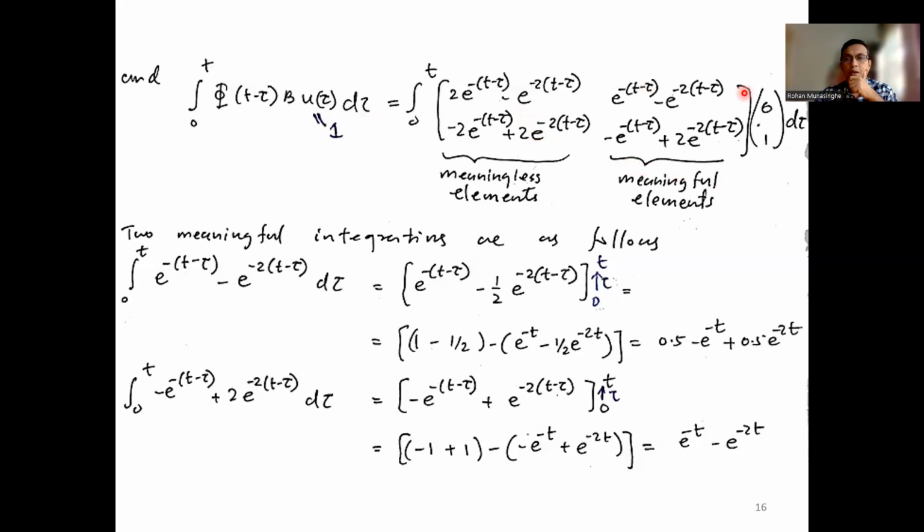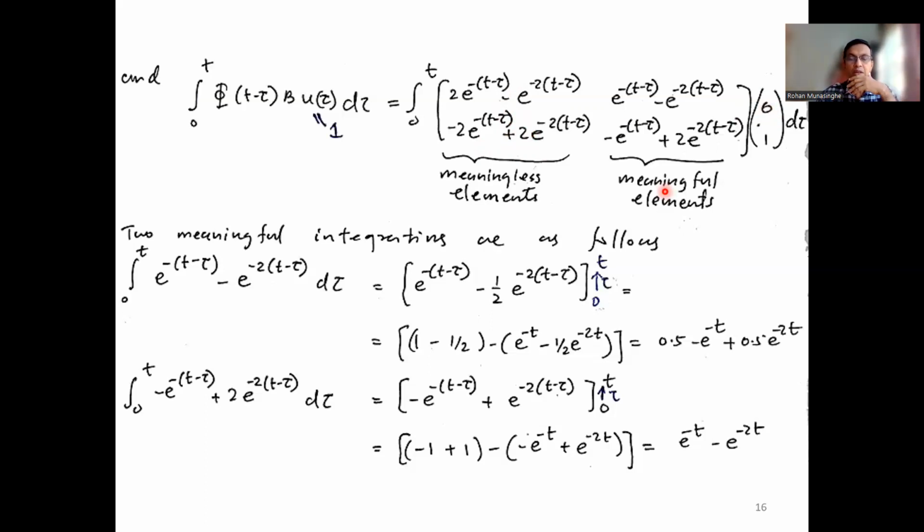Now, you can see here the column vector 0, 1 tells you that every time you multiply any element in the first column with this one, it becomes 0, because this is 0 here. So this term times 0 in the first row, and this term times 0 in the second row. So these are meaningless elements, and only these elements proceed from this point onwards.